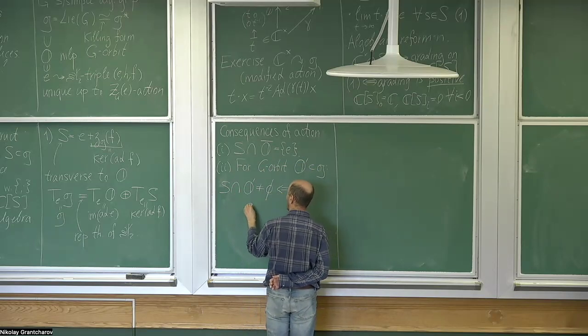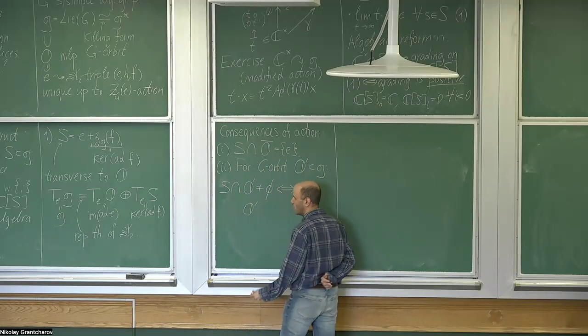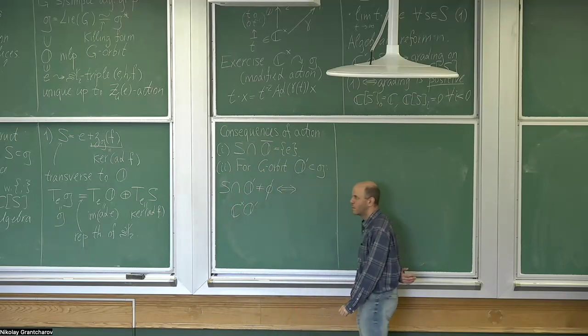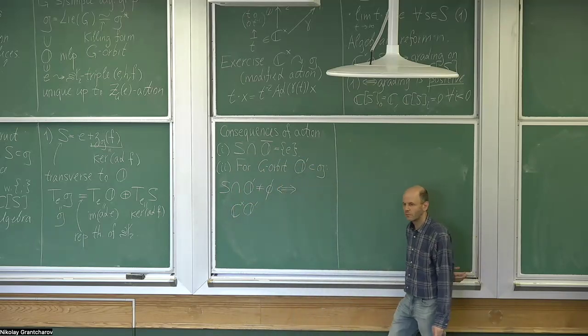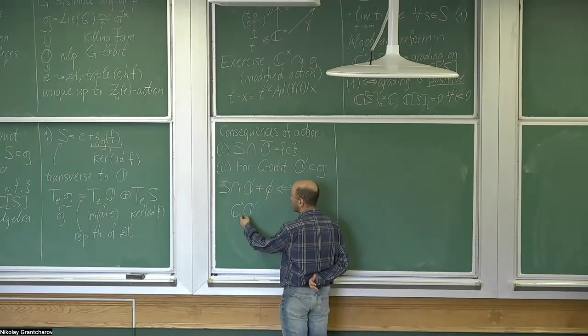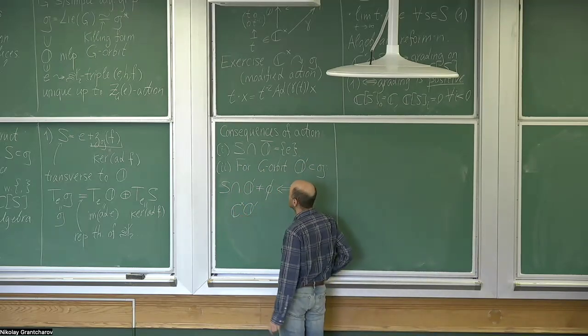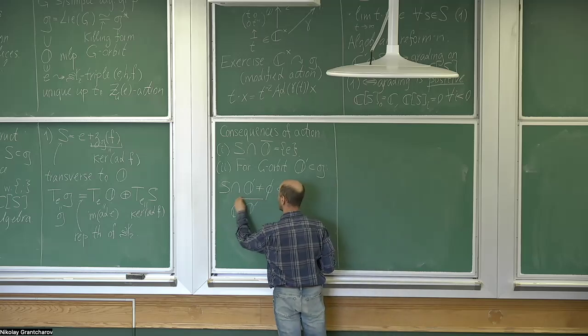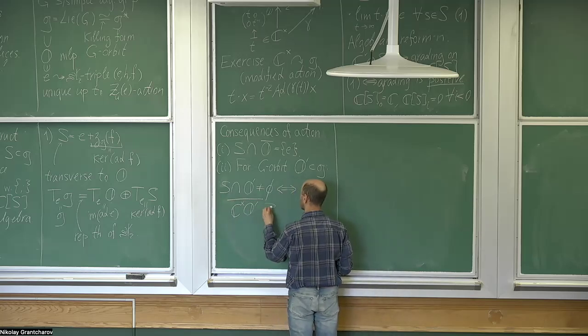We take our O prime, we can dilate it by C star. Doesn't matter whether by the usual action or the modified action, because this is stable. And take the closure, and this closure must contain E.